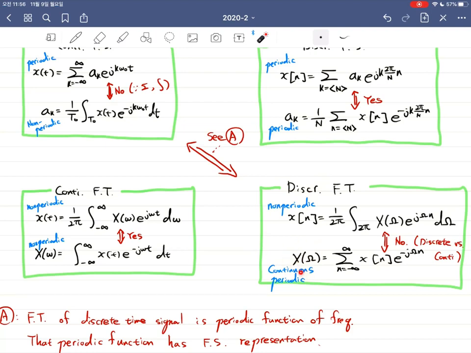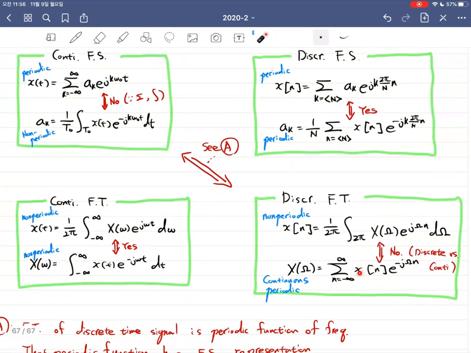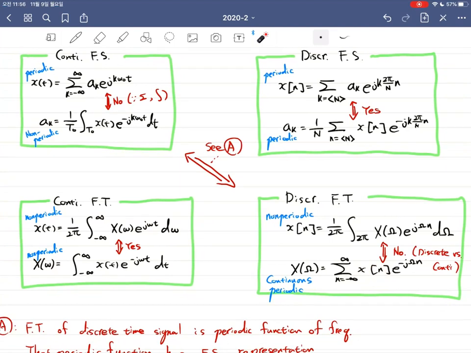And since it's periodic, you can obtain the coefficients for the Fourier series. And if you put that into this equation, then you will get a non-periodic discrete time case where you have k as the x-axis, as we have studied before. That thing is the original x of n. That's what I wanted to tell you.